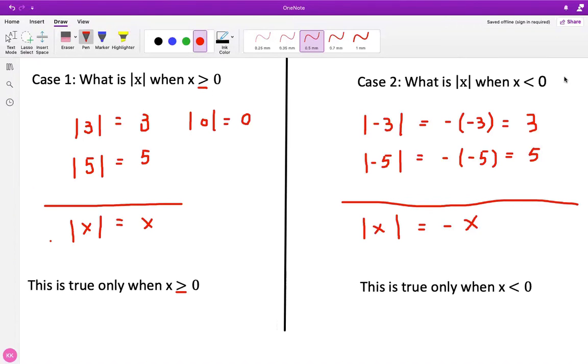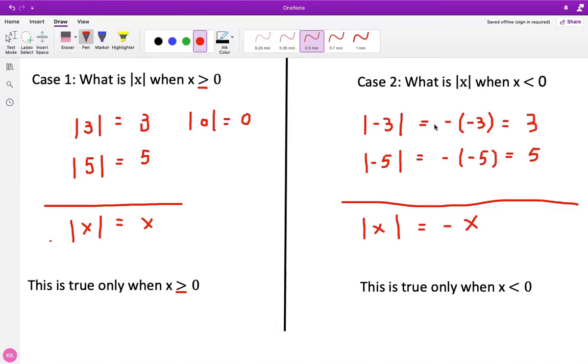For the second case, we have x less than 0. What I want to determine is the absolute value of x when x is smaller than 0, or negative. For x less than 0, we have -1, -2, -3, -4, -5, something like this. The absolute value of -3 equals 3.